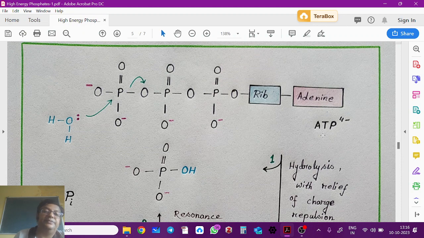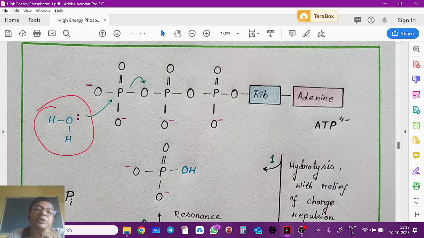So, how does this reaction take place? These are the things which take place in ATP hydrolysis. So you see the picture C. There is a water molecule with 2 electrons. It targets the first phosphate.